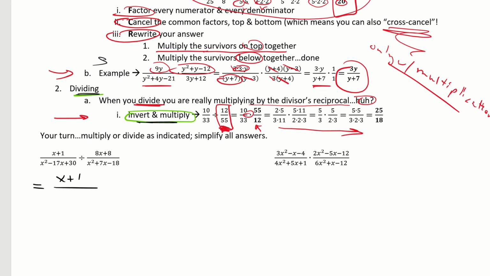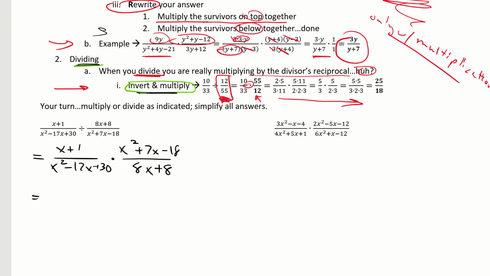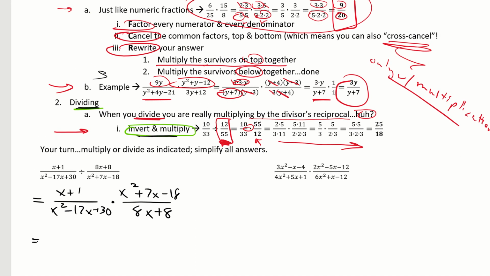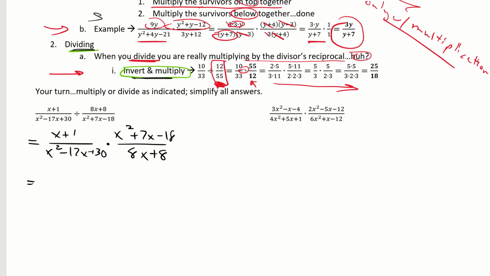I'm going to rewrite it. What do you think I'm going to do? Yeah, I'm going to multiply and flip the second guy over. We usually do pretty good with that. Some people stop right there and go, that's all I got. Come on, we got to do more. We're dividing, so we turn it into multiply, but now we got to factor.